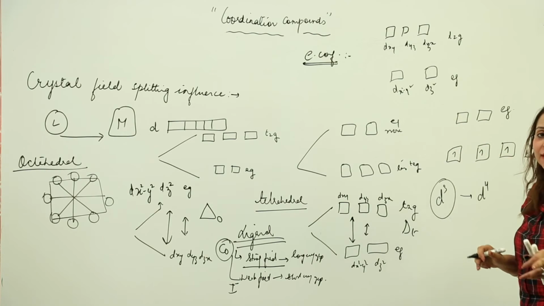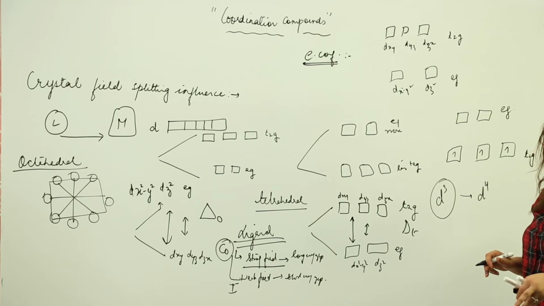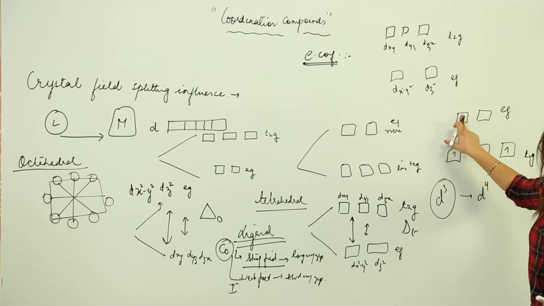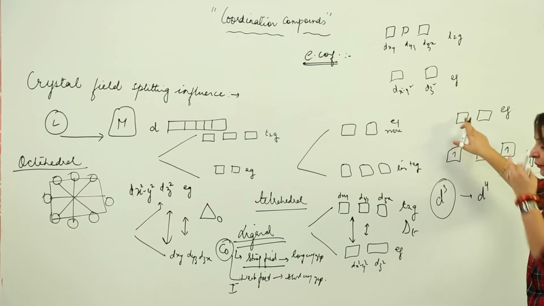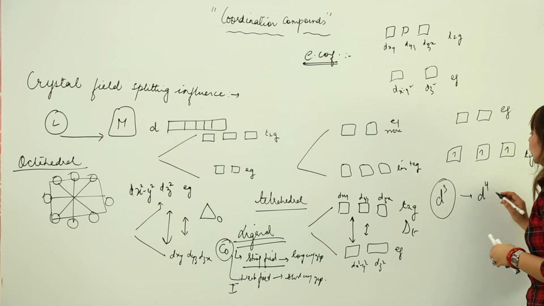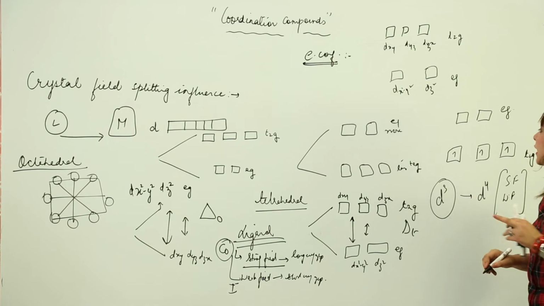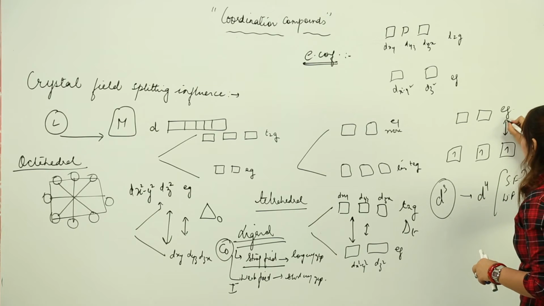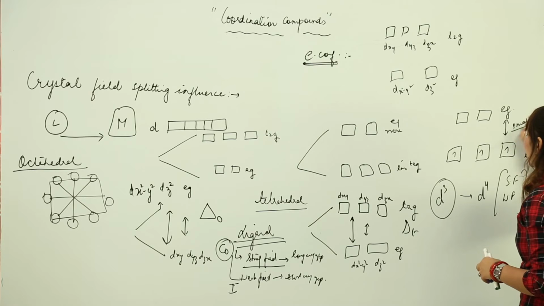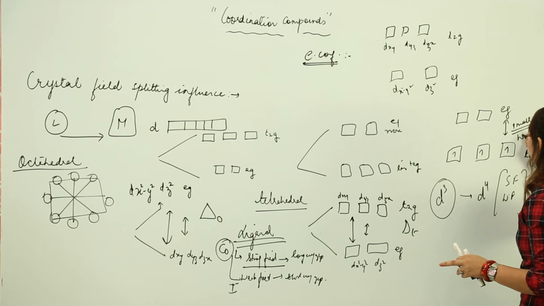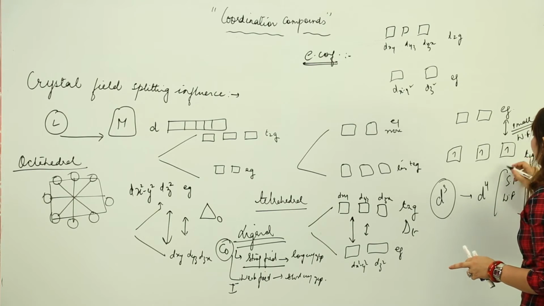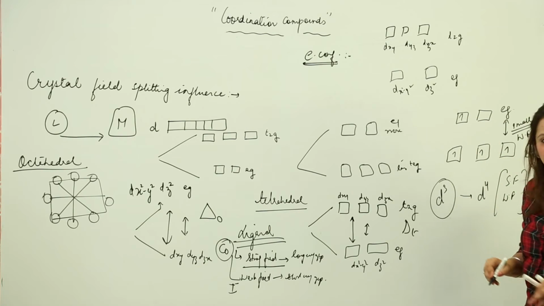So what factor decides that the electron pairing will take place or the electron will enter the different energy orbital? It is actually whether the ligand is strong field or weak field that decides that. If the energy difference is small, that means we have a weak field ligand, then obviously the 4th electron is going to enter here.